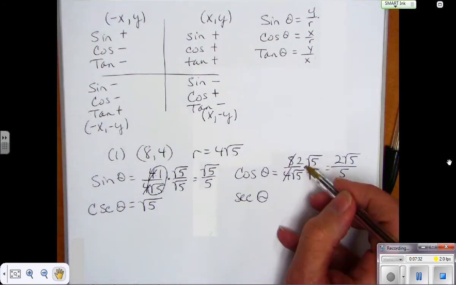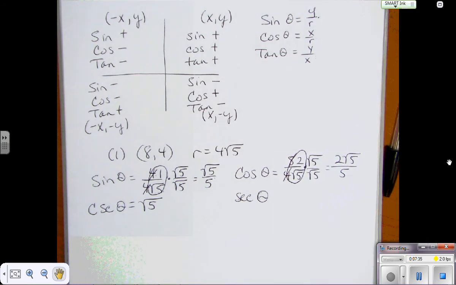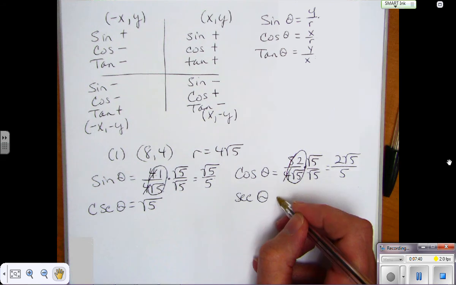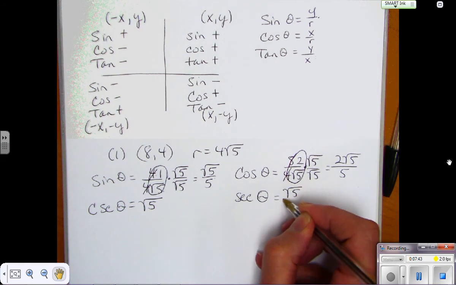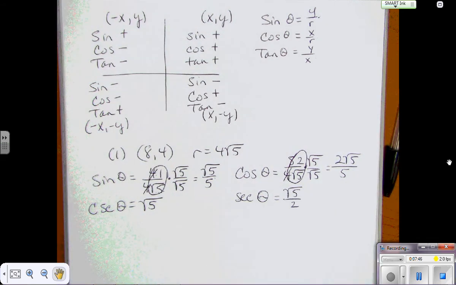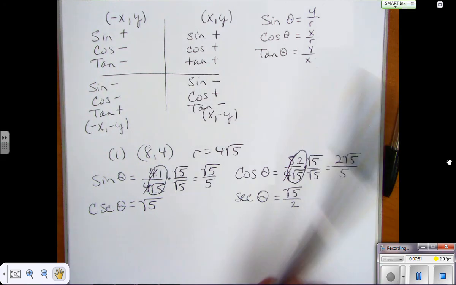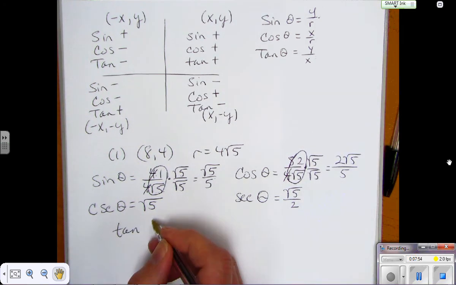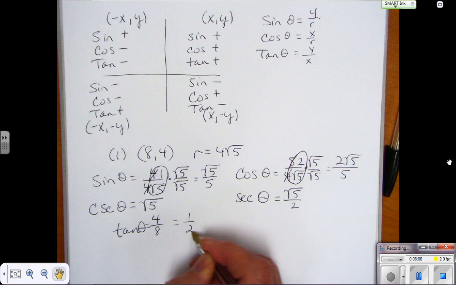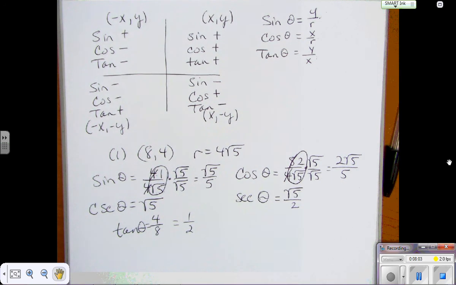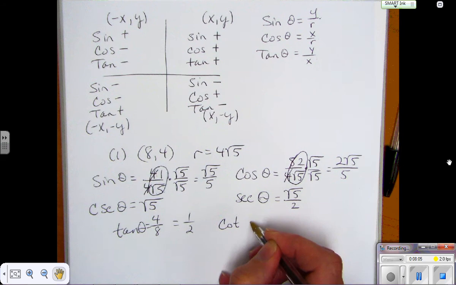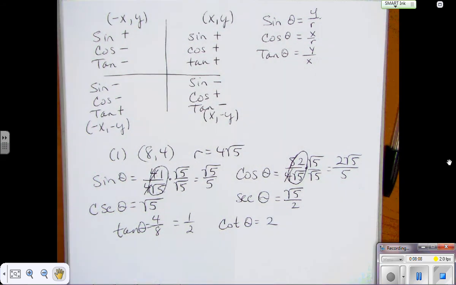Now I'm going to use my original, unrationalized cosine ratio and flip that over, so we get square root of 5 over 2 for the secant. And tangent is y over x. You always want to simplify or reduce it, so tangent is 1/2. That means that the cotan is 2, right? Okay, any questions?